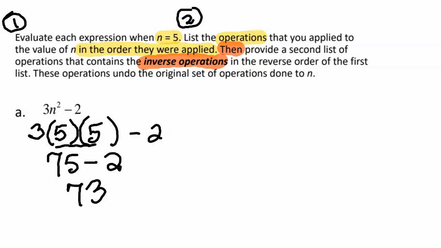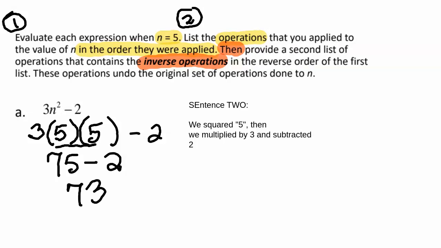We evaluated. Now, number 2. Okay, now, sentence 2. We squared 5. Then we multiplied by 3 and subtracted 2.